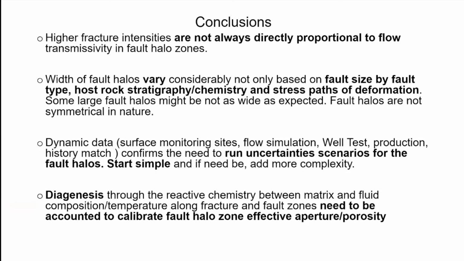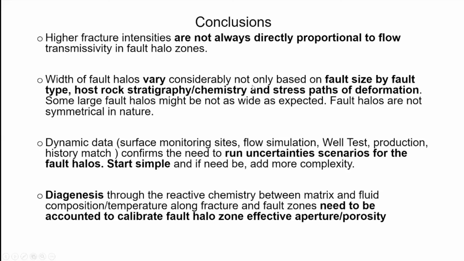Okay, so conclusions: higher fracture intensities are not always proportional to flow, and so it's very important to see that based on the basement sample. If these fractures are occluded, they are not good permeability highways. The width of the halos is key.